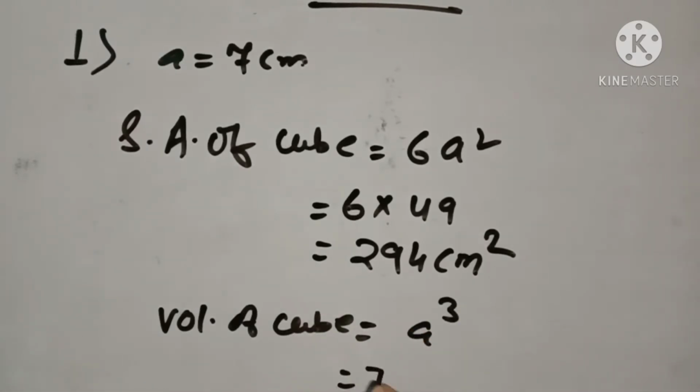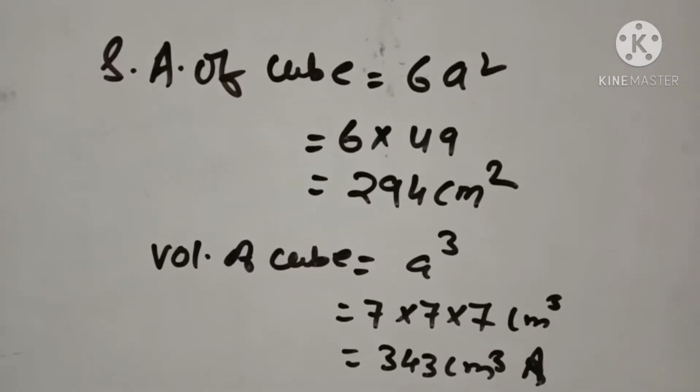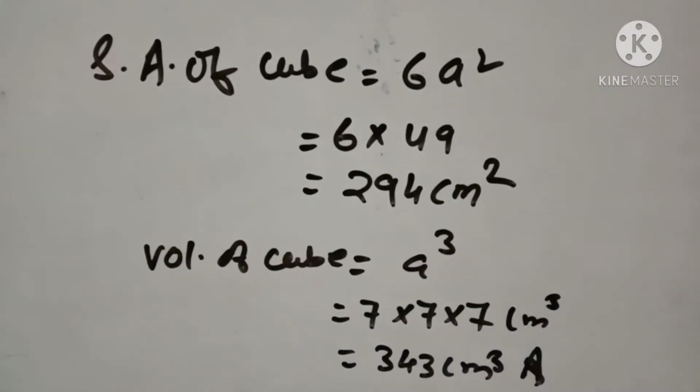So 7 into 7 into 7 centimeter, so we can write 343 cubic centimeter. This is our required answer. So this is the first part, this is the second part. Write down please.